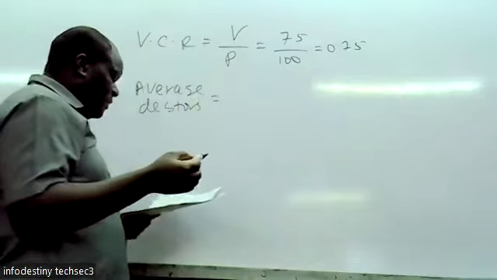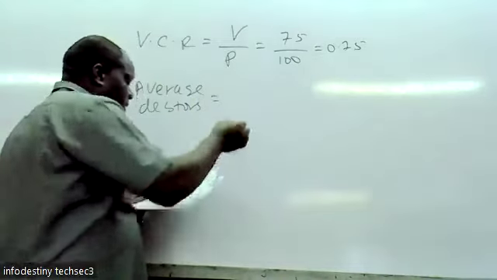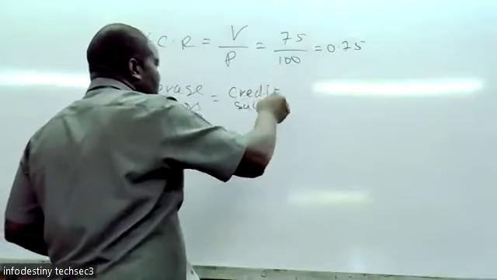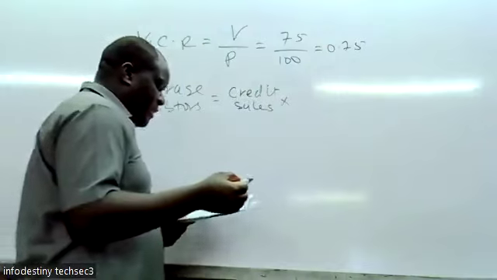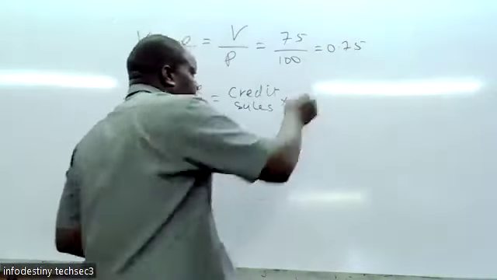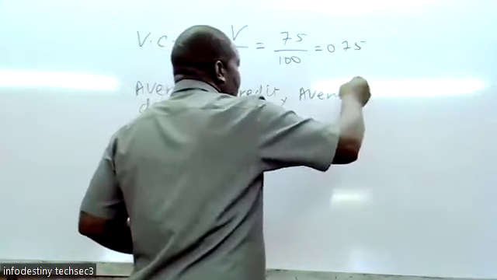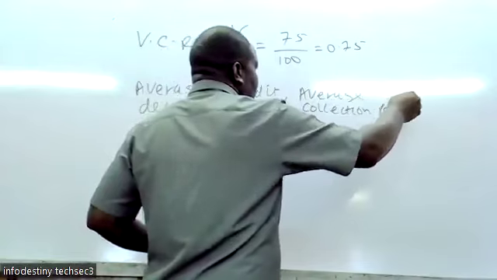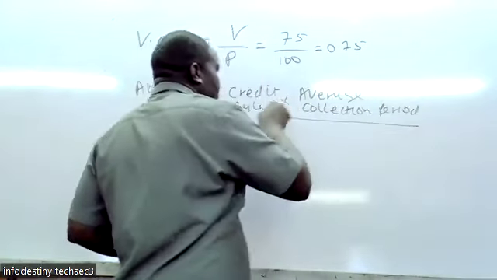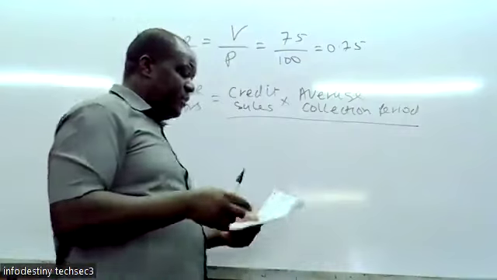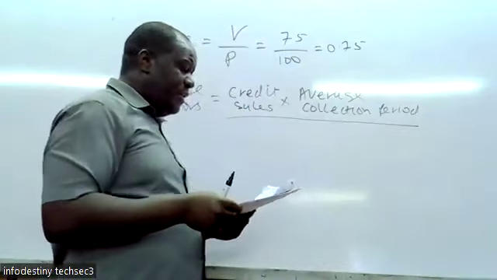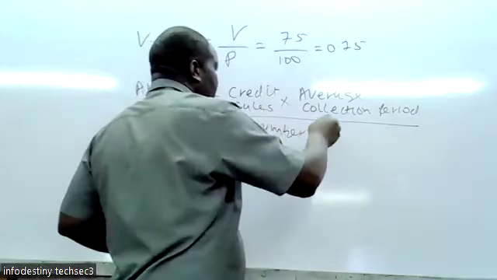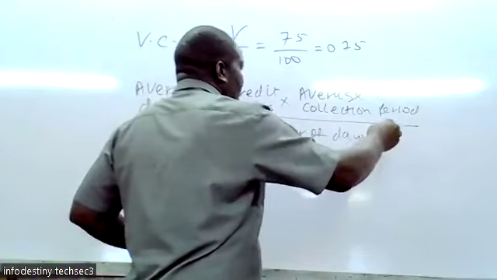So average debtors are supposed to be given by the credit sales multiplied by the average collection period, then divide by the number of days in a year.